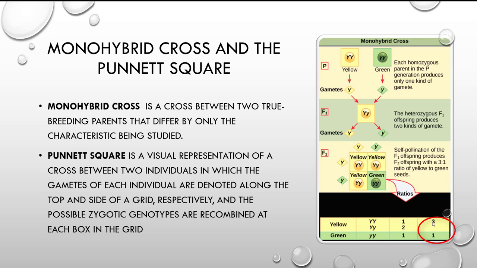There's a 3 to 1 ratio of yellow to green. All right, so that's how we work with Punnett squares. And you'll get lots of practice doing Punnett squares in both the lecture review worksheet this week as well as the lab this week.